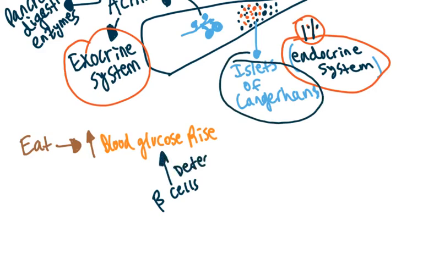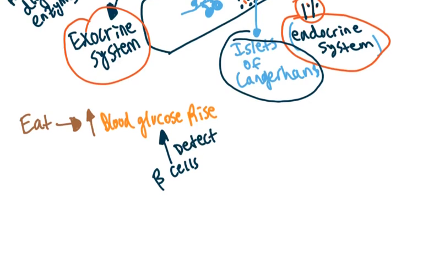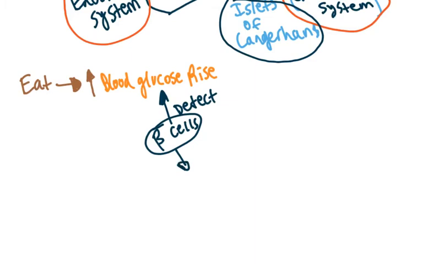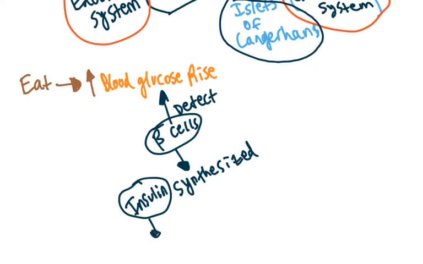What happens next is that our beta cells, after detecting the high blood glucose levels, start to secrete insulin they already have. Inside the beta cell we have insulin synthesized through protein synthesis, because insulin is a peptide hormone.